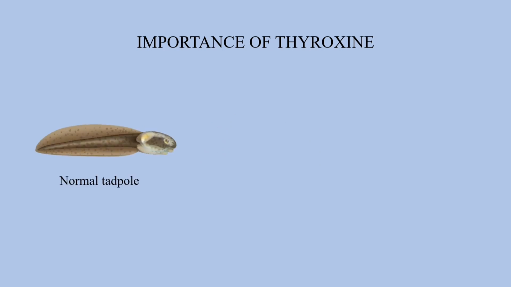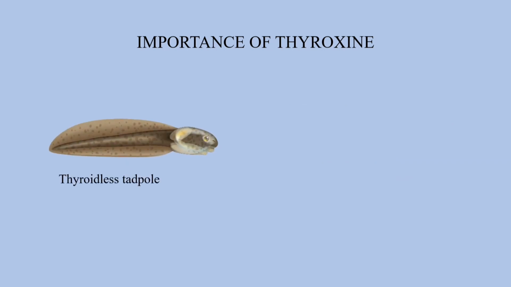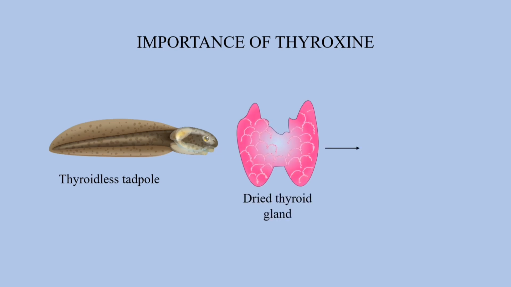The maximum length of the normal tadpole is about 60 mm, but a thyroidless tadpole grows to a length of about 123 mm. When a thyroidless tadpole is fed with dried thyroid gland, it proceeds to metamorphose.